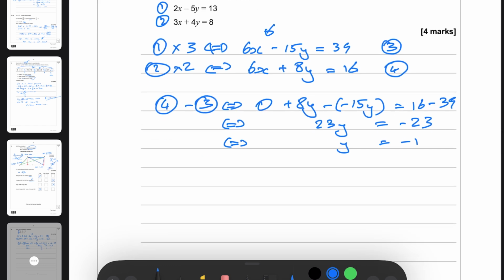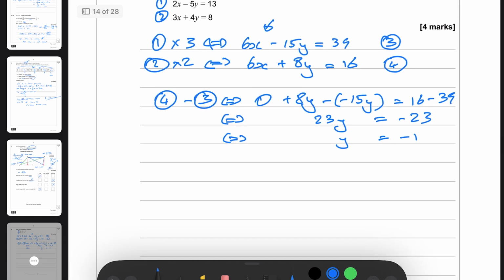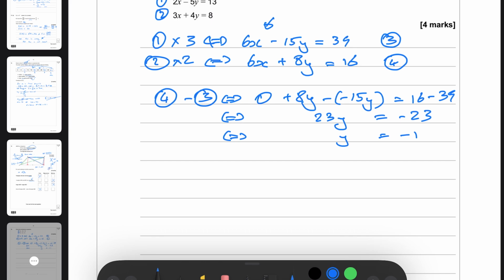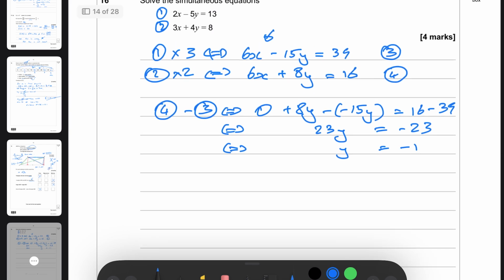And this kind of looks more or less accurate, so I'd say it's a fairly good guess. So for question 16, if we carry on, now we need to find x.